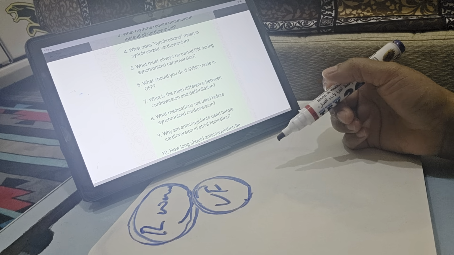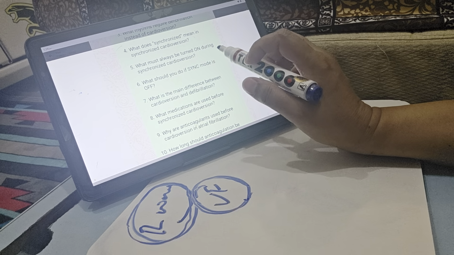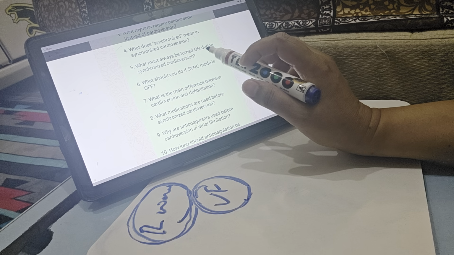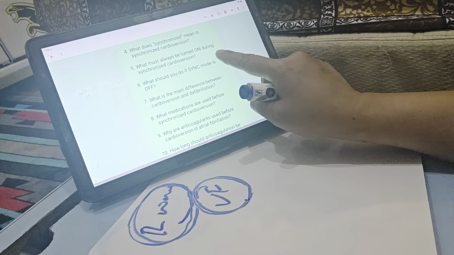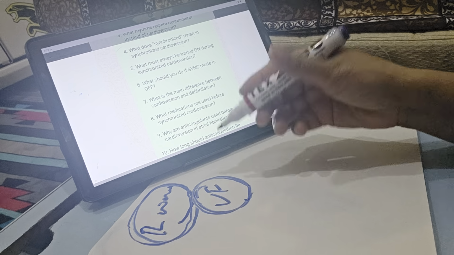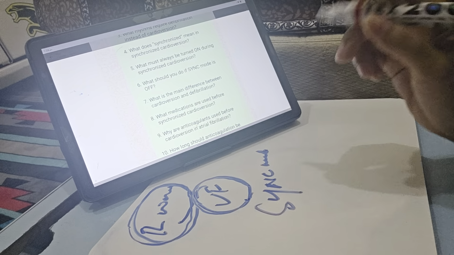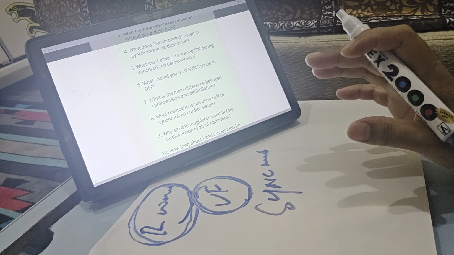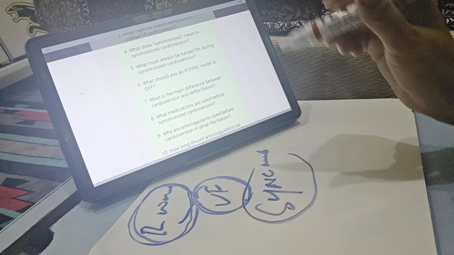Flashcard number 5: what must always be turned on during synchronized cardioversion? Sync mode must always be on the machine when we are giving synchronized cardioversion.